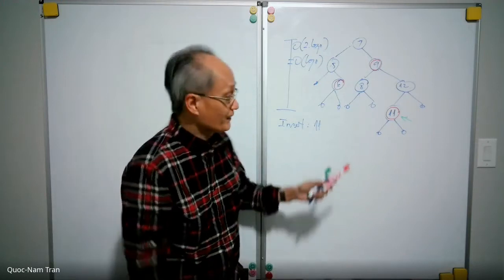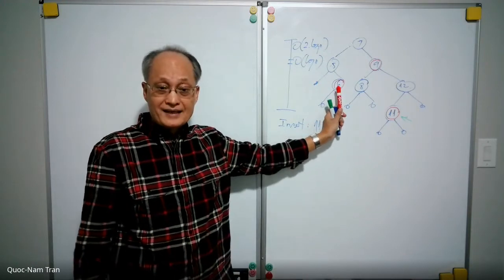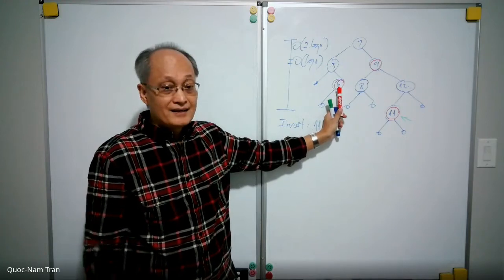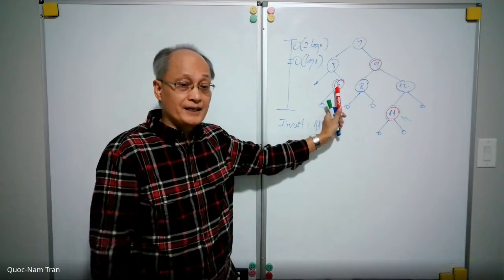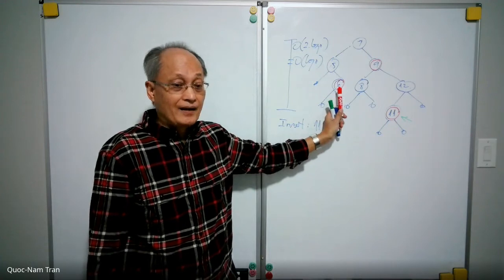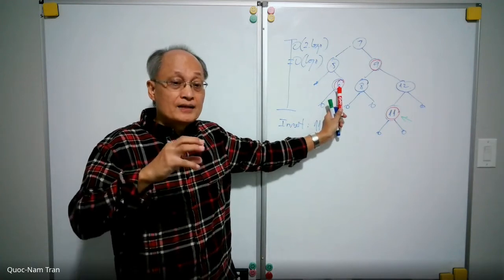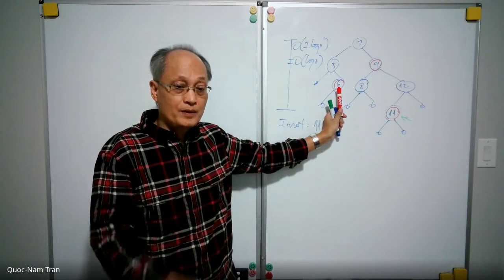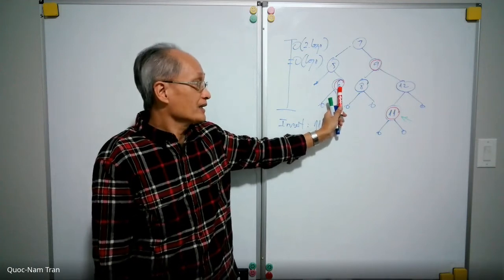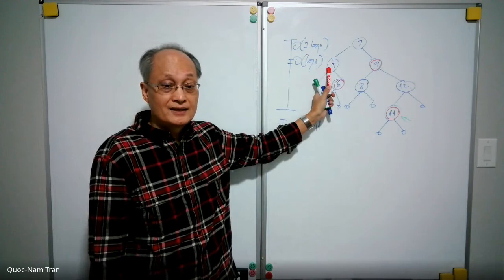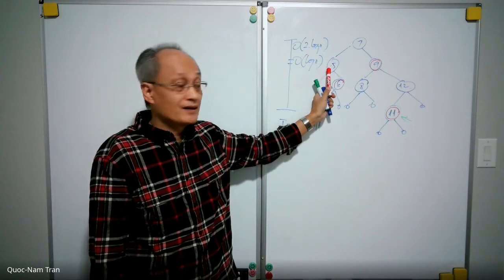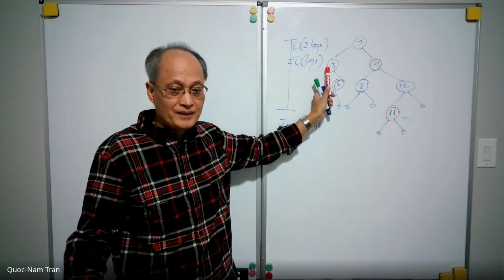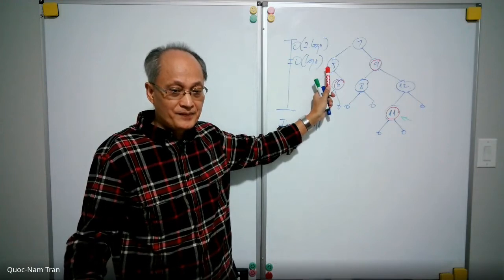Okay. Do I need to do anything? Insert a node, color it red. And now we will see if the new node has a violation of the color property, meaning checking the parent. The parent is black, we are fine. Don't need to do anything, right?